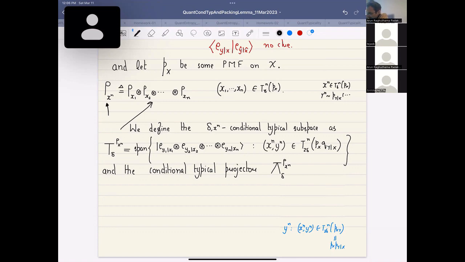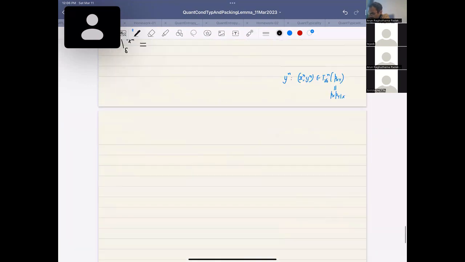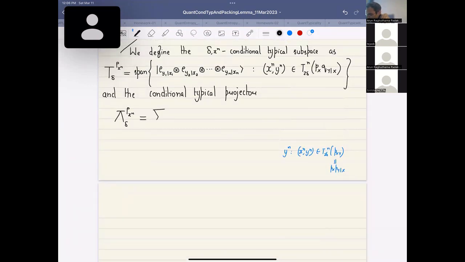So this is just the projector on the subspace defined above. So what I'll do, I'll just do what I did previously. So sum over all yn such that xn comma yn happens to fall in the jointly typical conditional set of some of these rank 1 projectors.